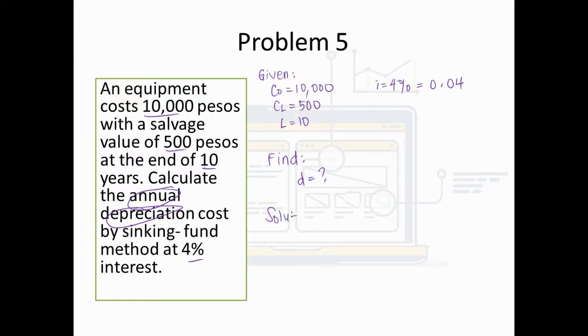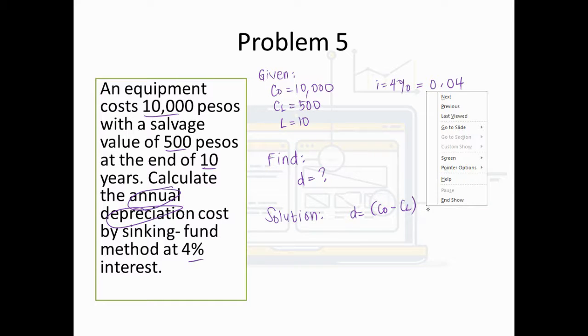So for the solution, we'll be using the formula D is equal to C sub 0 minus C sub L, multiplied by I, all over (1 plus I) raised to L minus 1. And then let's substitute with the given value.